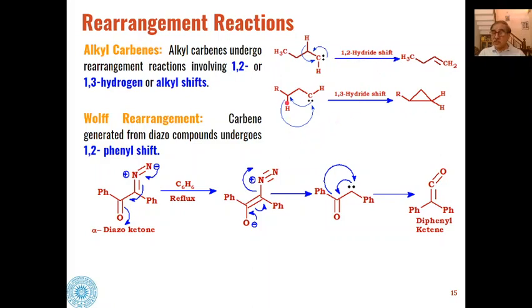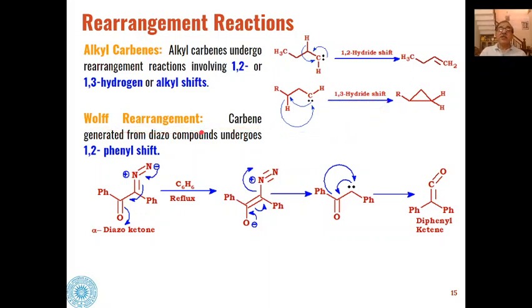Similarly, this type of molecule can undergo 1,3 hydrogen shift also, and if 1,3 hydrogen shift takes place, then formation of a carbon-carbon bond will take place, and we will get these types of cyclopropane derivatives. So either we can get alkenes as product through 1,2 hydride shift, or we can get cyclopropane derivatives through 1,3 hydride shift.